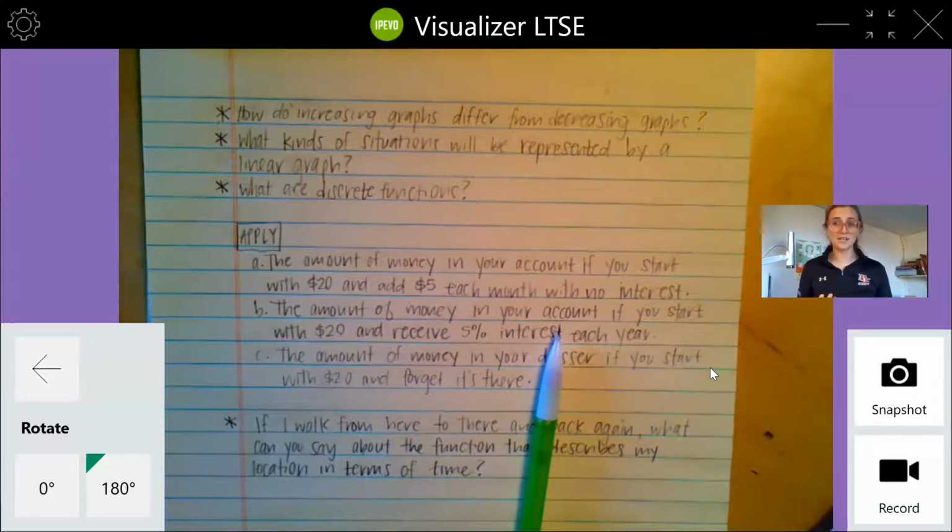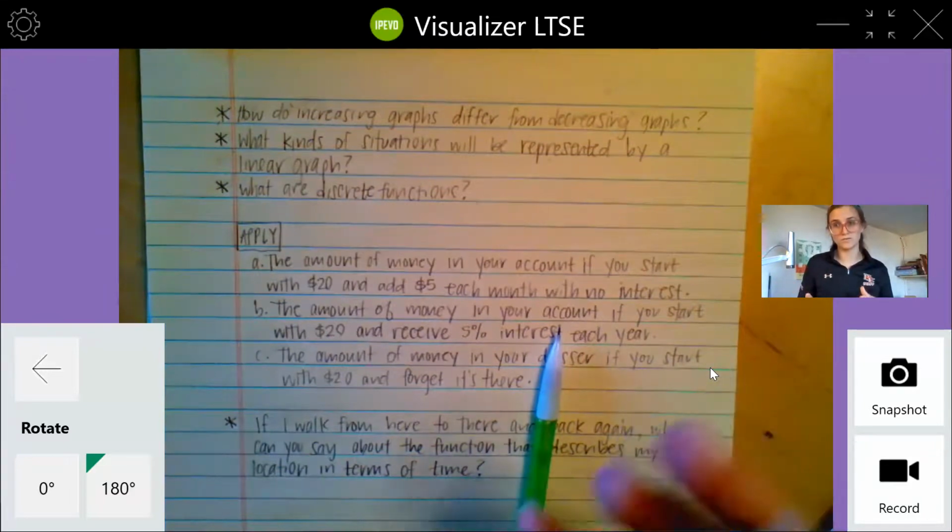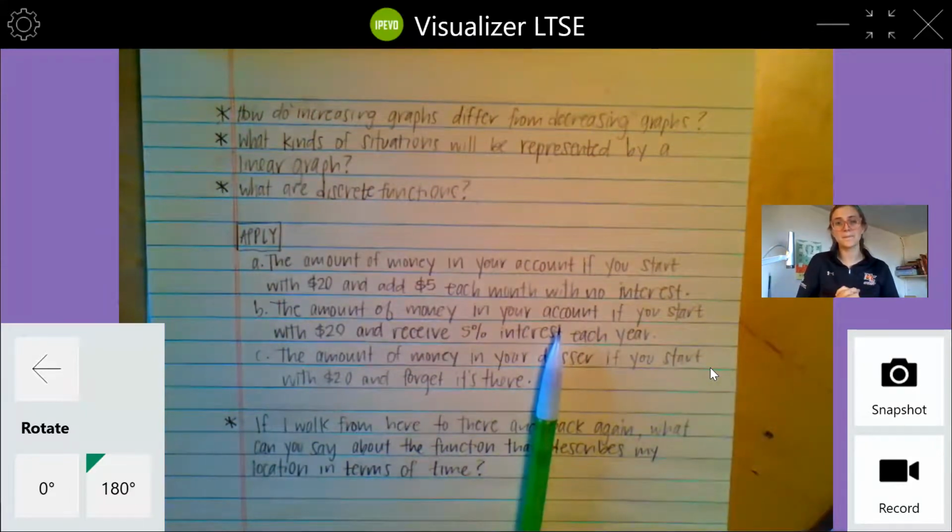Something that is nonlinear has a varying rate of change, okay? And discrete functions, I just spoke about that. The discrete functions are functions that involve quantities that must be measured in whole numbers, all right?